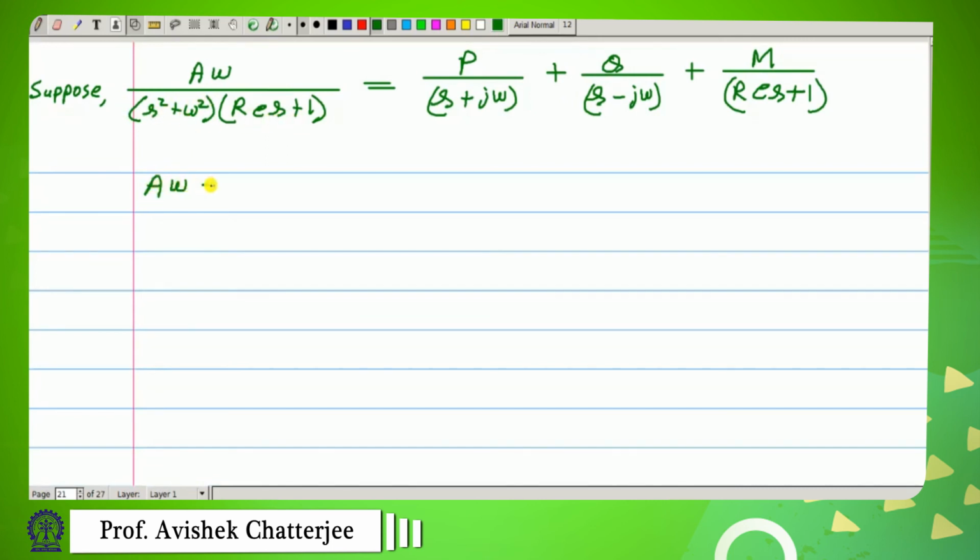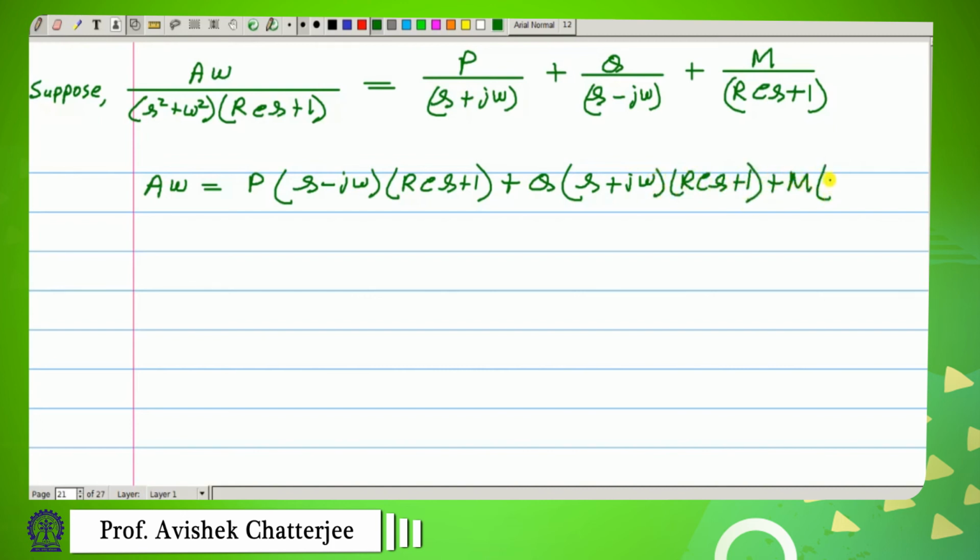So I will get A omega equal to p multiplied with (s minus j omega)(RCs plus 1), then plus q multiplied with (s plus j omega)(RCs plus 1), and then m multiplied with (s plus j omega)(s minus j omega).